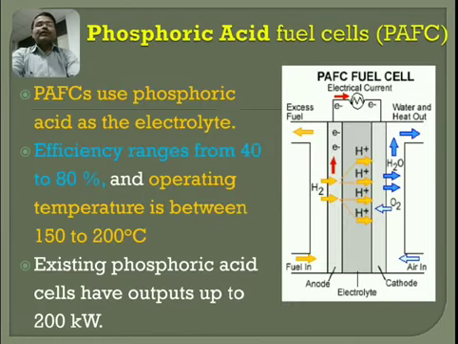So first of all, we'll discuss the phosphoric acid fuel cell. The diagram can be commonly drawn because the fuel is to be passed from the left-hand side, that is on the anode. Oxygen or air is to be passed from the side of the cathode, and in between there will be some electrolyte. The phosphoric acid fuel cell is named due to the electrolyte material, because here we are using phosphoric acid as electrolyte.